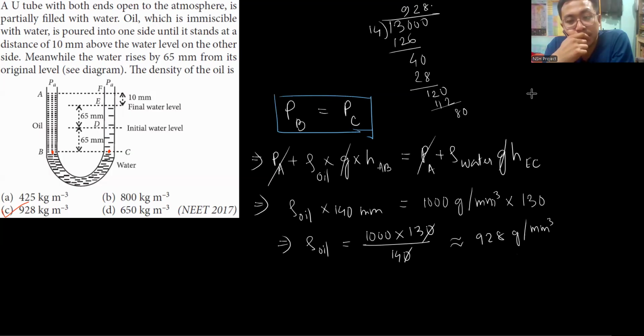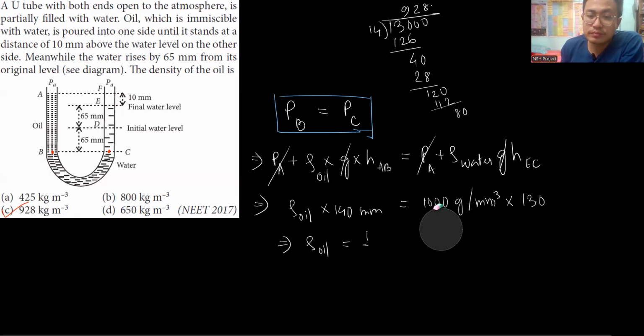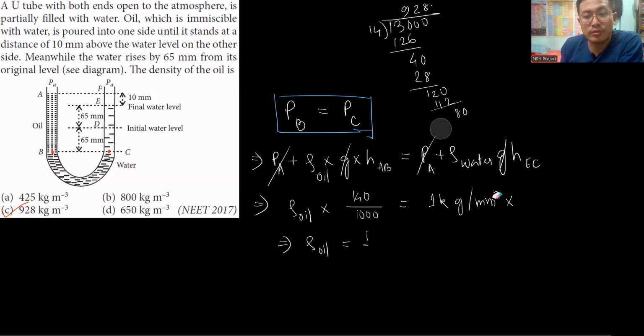So 1 kg per meter cube. 130, 140, or 140 by 1000 meter. 1 kg per meter cube is 1000 kg per meter cube. 130 by 1000 meter, so you have to say meter.